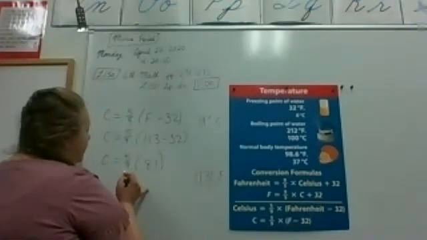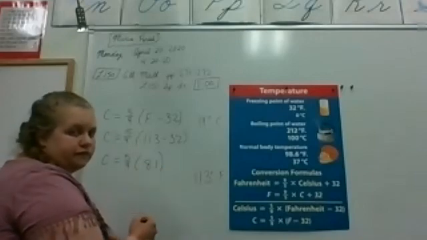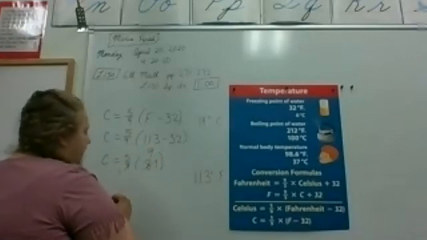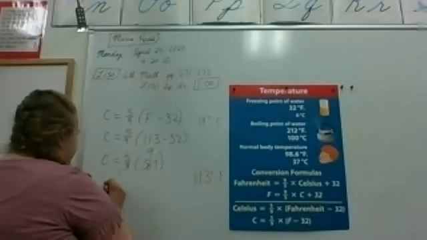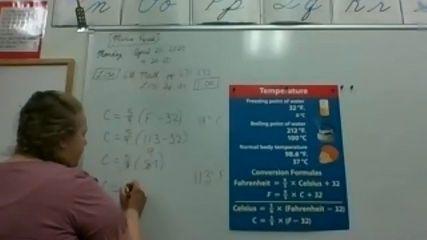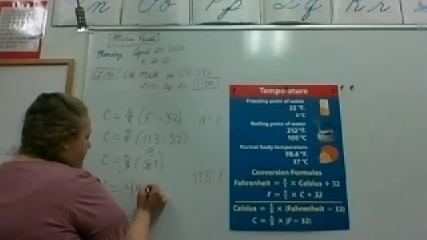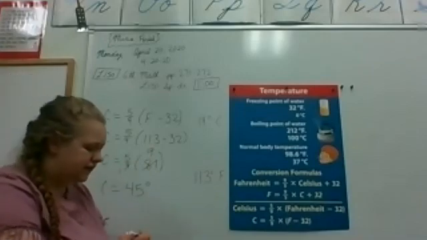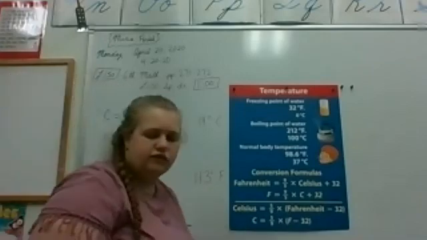So then here, can 9 go into 81? Yes, okay? So 9 goes into 81 9 times, and so C equals 5 times 9, which is 45 degrees, okay? So 113 degrees Fahrenheit is 45 degrees Celsius. Okay, so that's how to use those formulas.